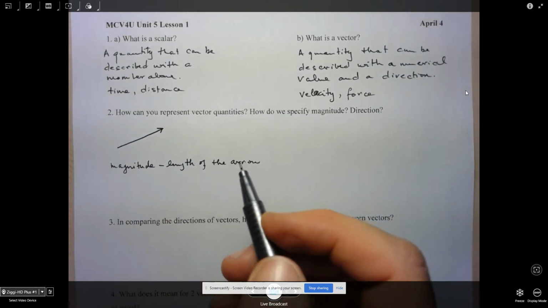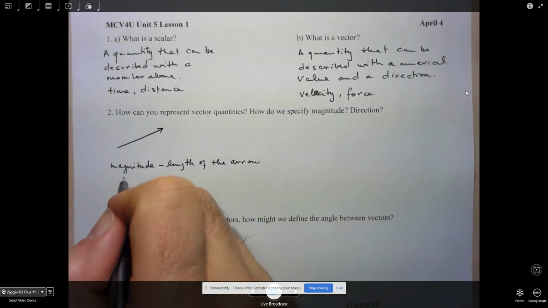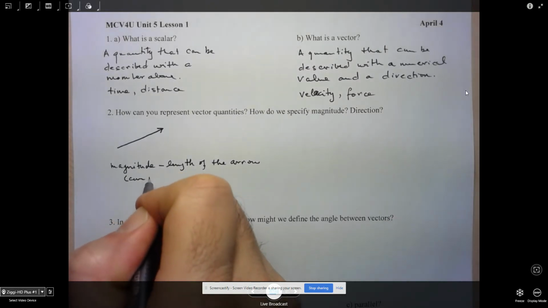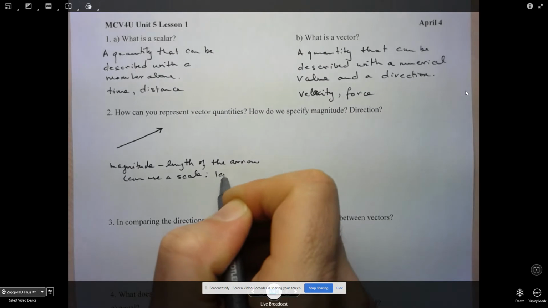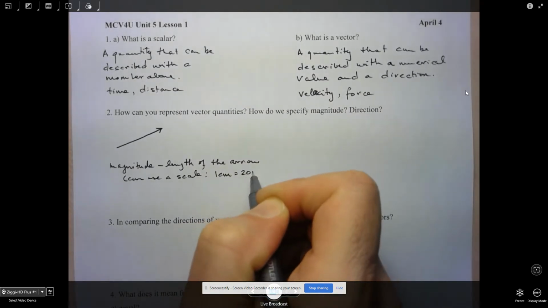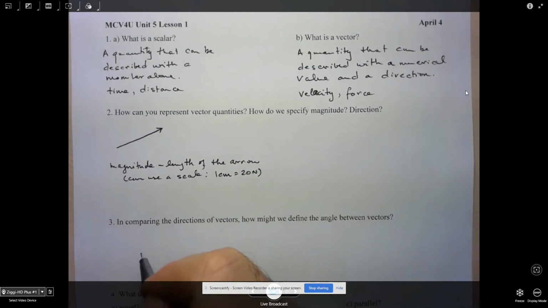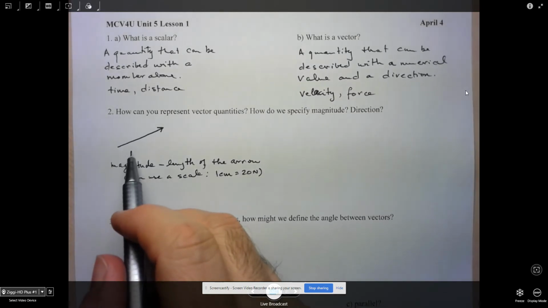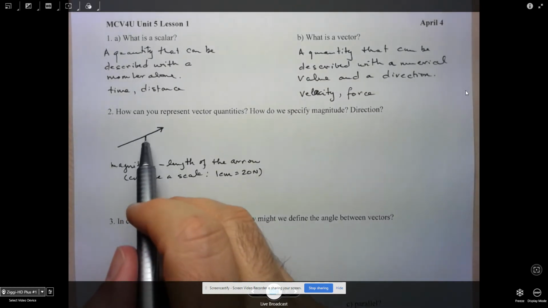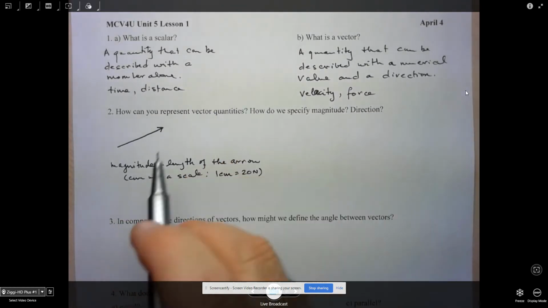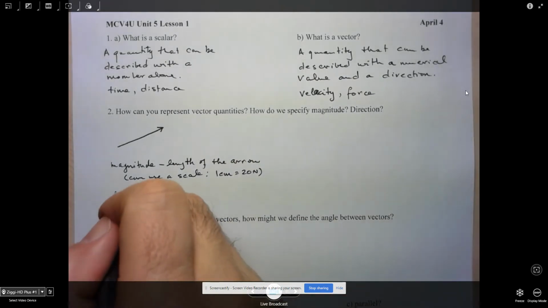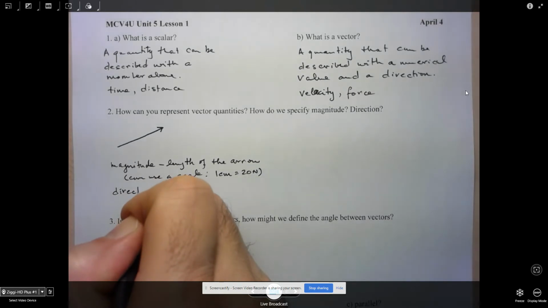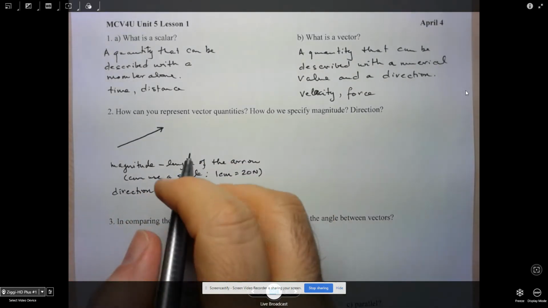As you would do on a map, you'll often use a scale. So you could say 1 centimeter represents 20 newtons of force. Remember, this is just a representation. There's nothing that says that the actual length has to represent the exact number. I can use a scale. And the direction is just going to be the direction the tip is pointing.